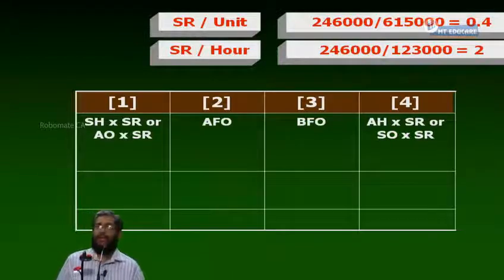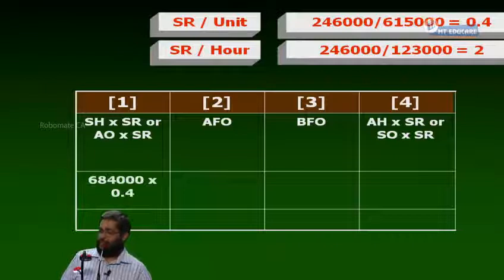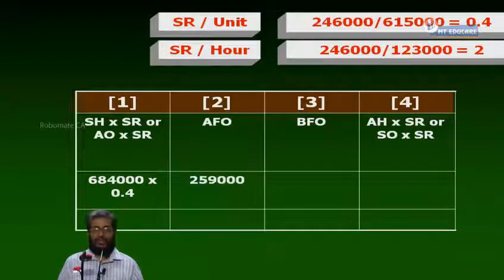Now calculate the first statement. What is the actual output? 6,84,000 units into 0.4. What are the actual fixed overheads given? 2,59,000. Budgeted fixed overheads is 2,46,000.